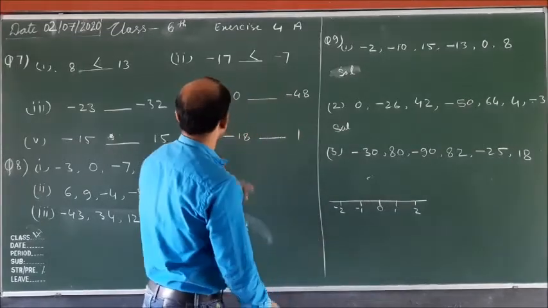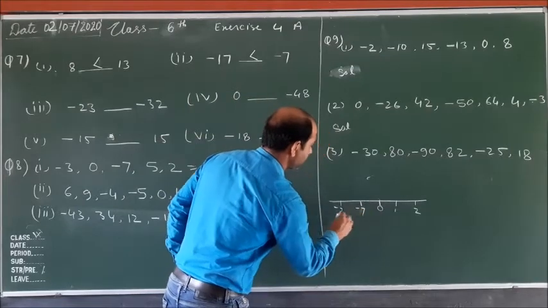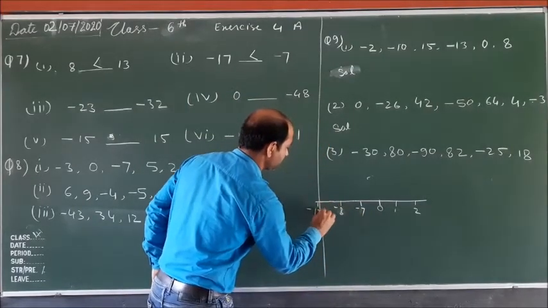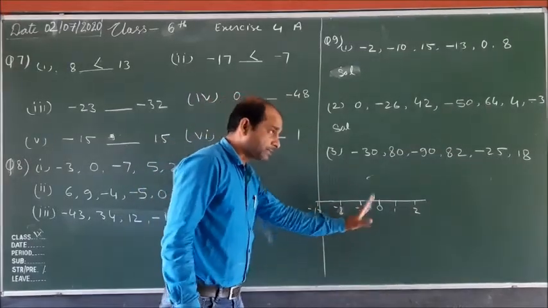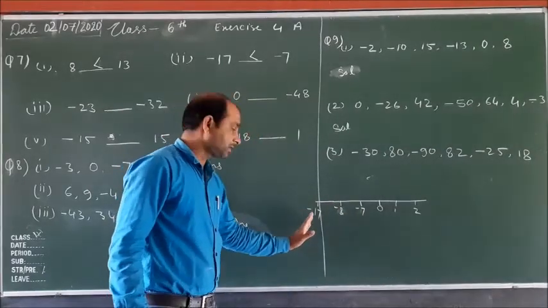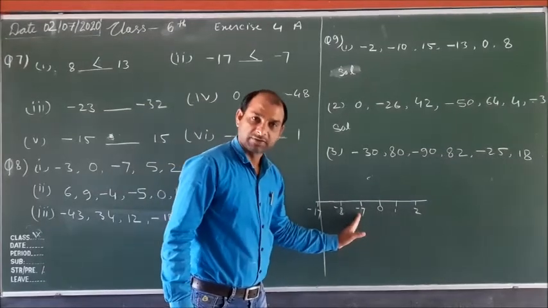So here minus 7 and minus 17. Suppose this is minus 7, minus 8 and the next number is minus 17. Minus 17 is written on the left side of minus 7, so minus 17 is smaller than minus 7.